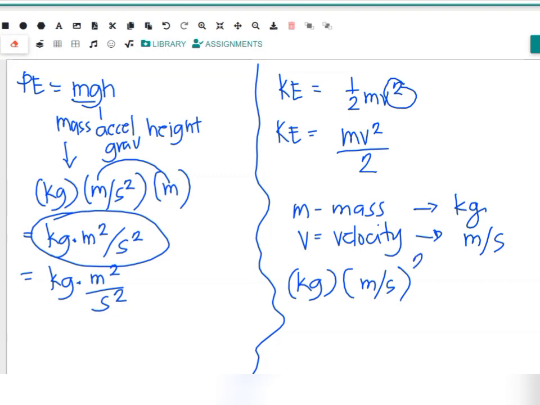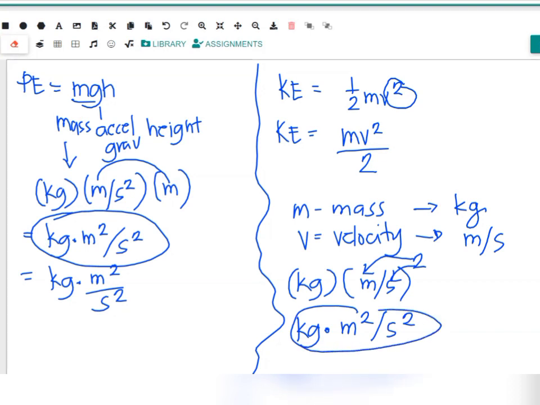So, i-square natin yan. Then, we'll rewrite. Ito, class, may square si M, may square din si S. So, therefore, we will get kilogram meters squared per second squared. So, ayan. Nakita nyo ba na parehas lang yung units ni potential energy at kinetic energy? Definitely yes, because they are both energy.